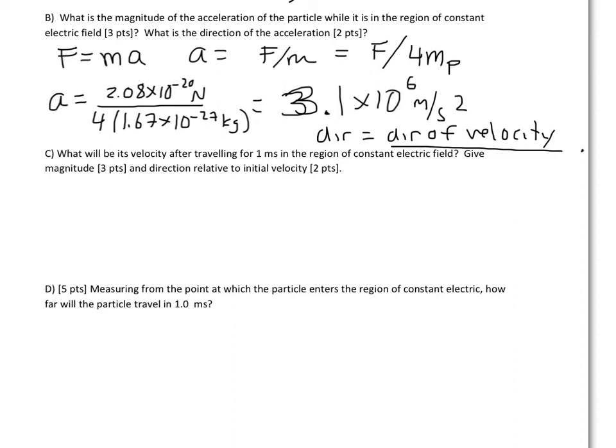So the change in velocity that it experiences will merely be the acceleration times the delta t, which in this case is 3.11. I'll go to 3 sig figs just for this interim calculation here. 3.11 times 10 to the 6 meters per second squared times a millisecond.